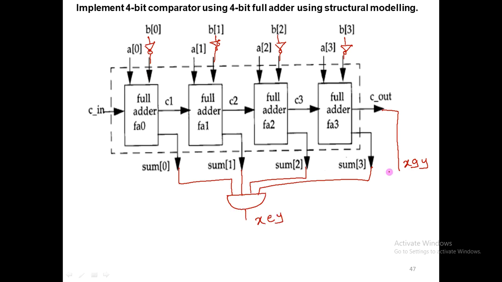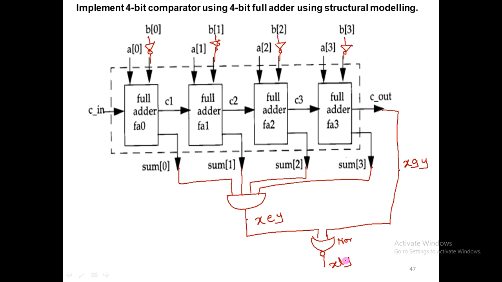Now x equal to y is done, x greater than y is done. Now I'll take the output of x equal to y and the output of x greater than y, and then I'll put a NOR gate to get x less than y. So this is the logic, very simple.